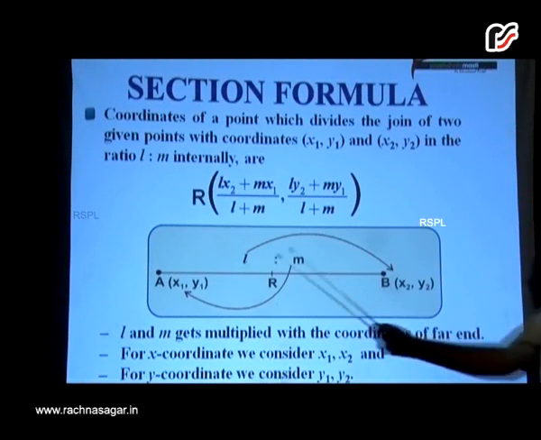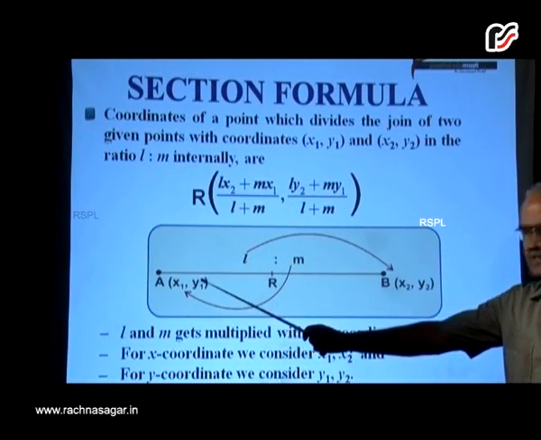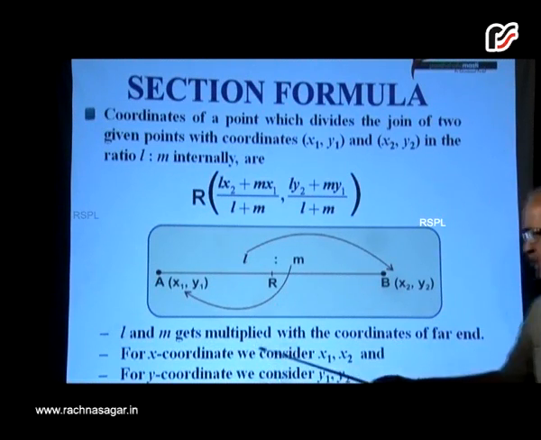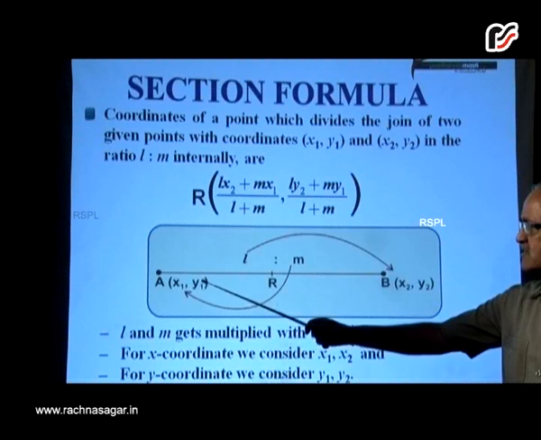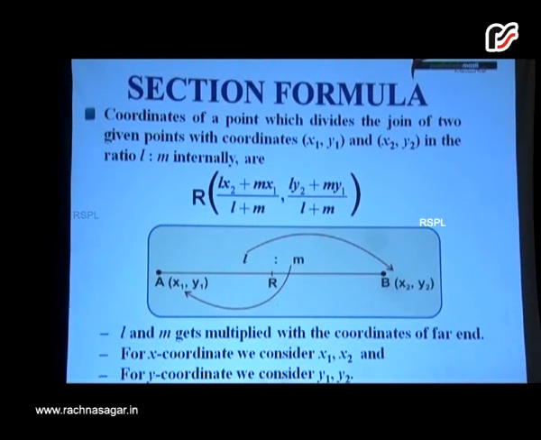For l, the far end is this. For m, the far end is this. So if we want to write the x coordinate, for the x coordinate we consider x1, x2. I will write l into x2 plus m into x1 divided by l plus m, which is written here.